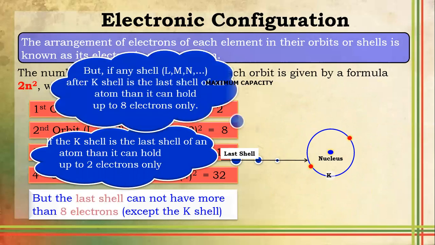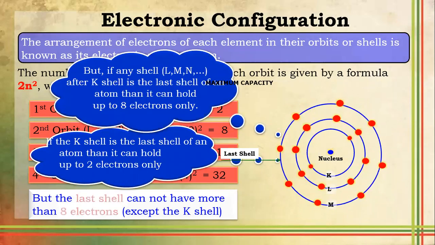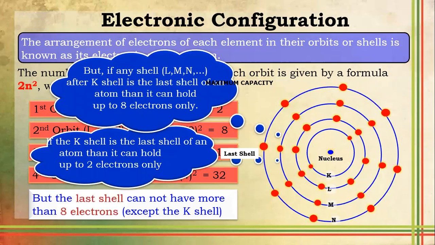And if any other shell, that is L shell is the last shell, M shell is the last shell, or N shell is the last shell, if any other shell is the last shell other than the K shell, it should have 8 electrons only. Only then will it be called a stable atom.